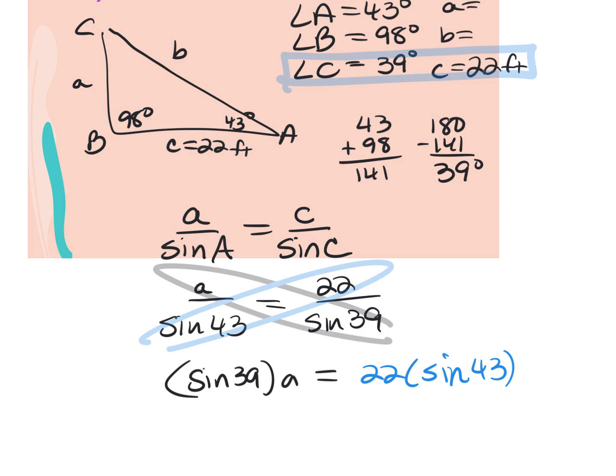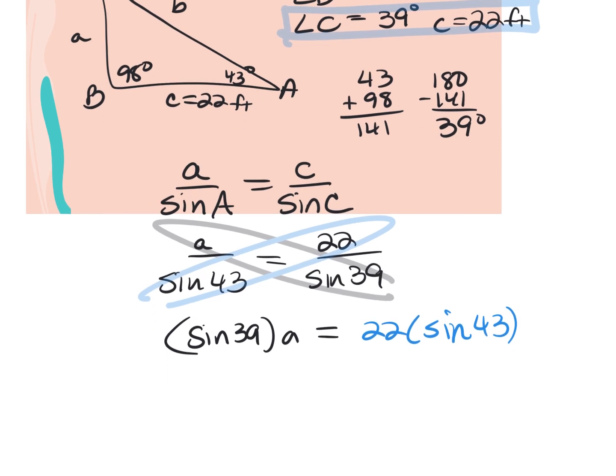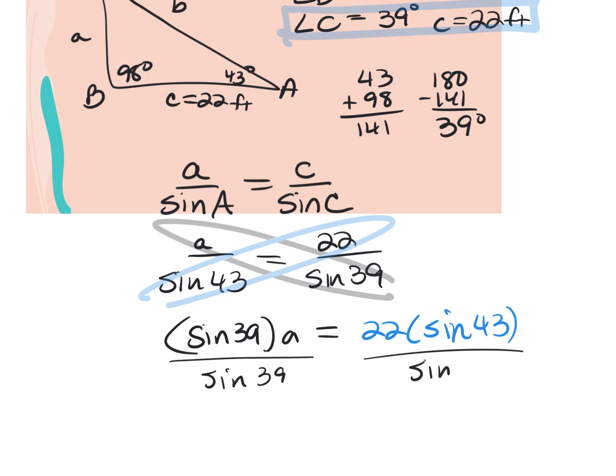And then I'm going to divide both sides by the sine of 39, because my goal is to get A by itself.